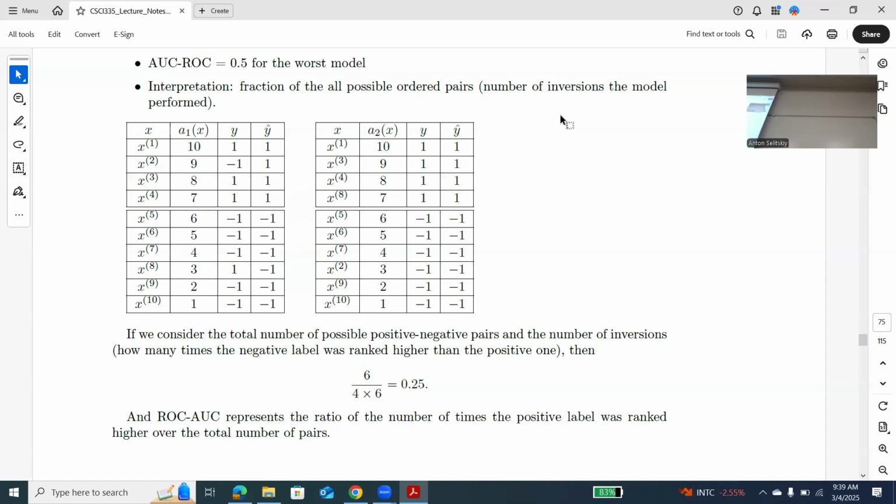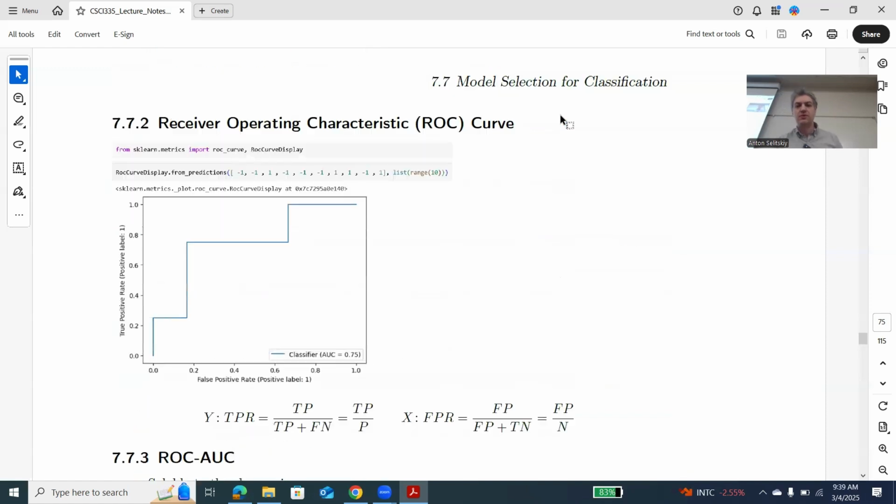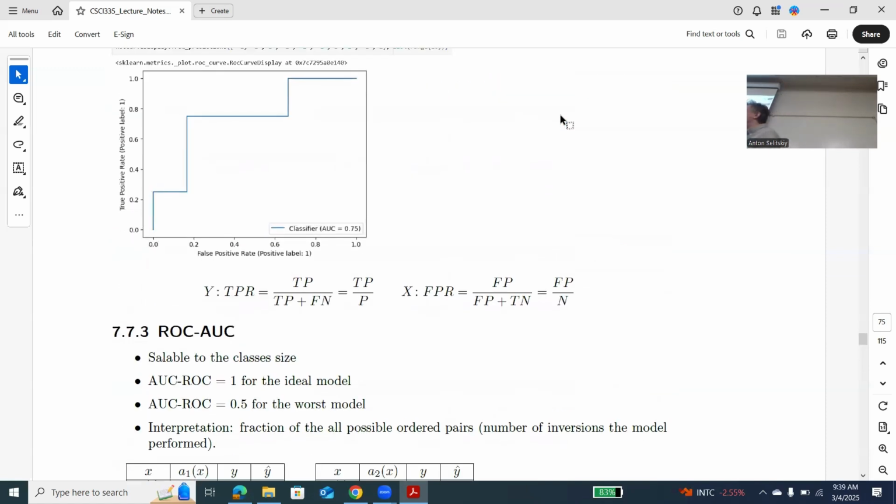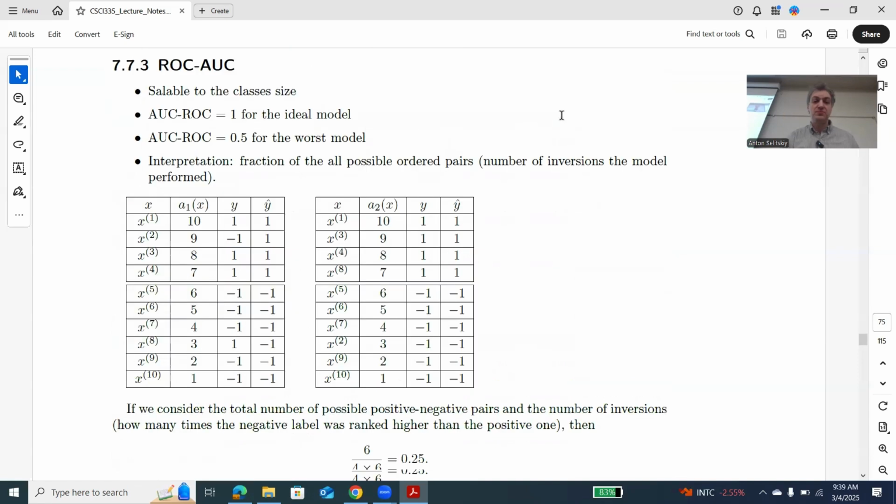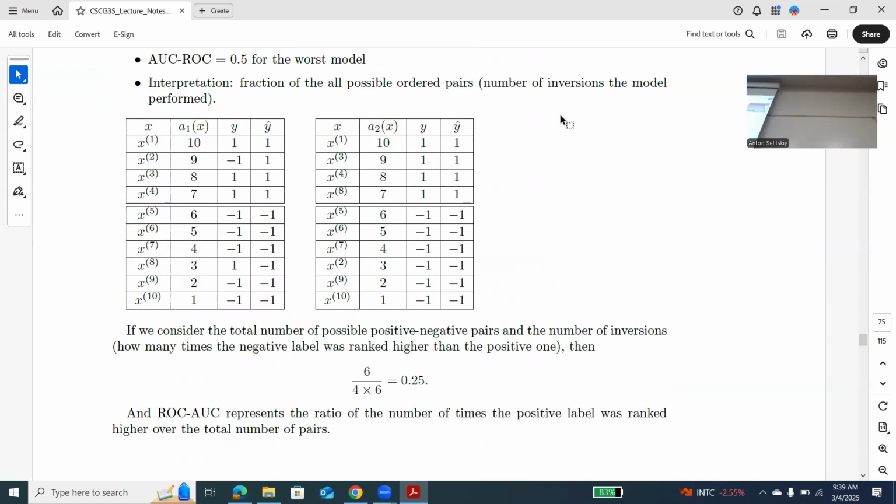In this case, we have one error here, and the value for this model was 0.75. If you calculate the number of inversions that our model performs, the total number of pairs of positives and negatives will be the number of true positive labels times the number of true negative labels.